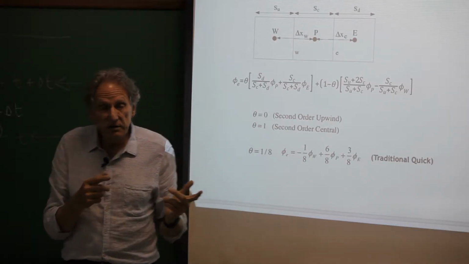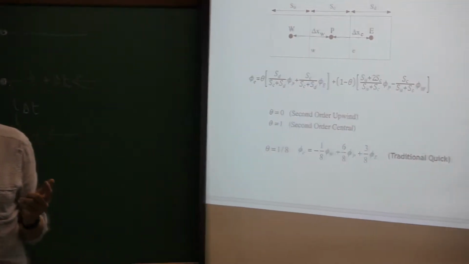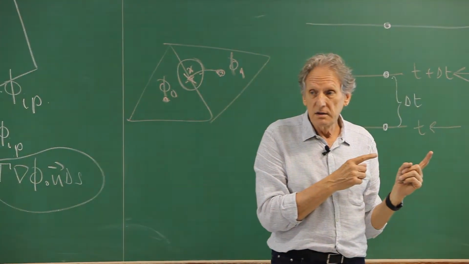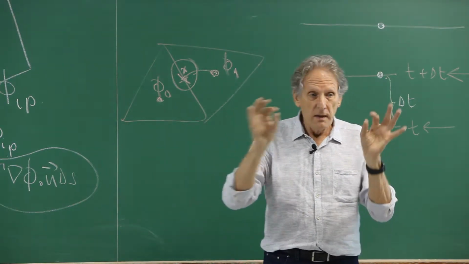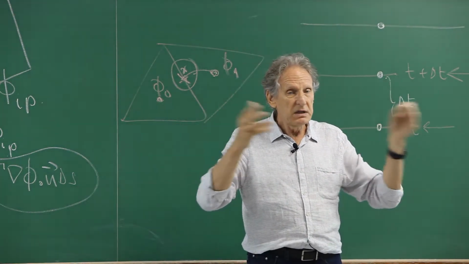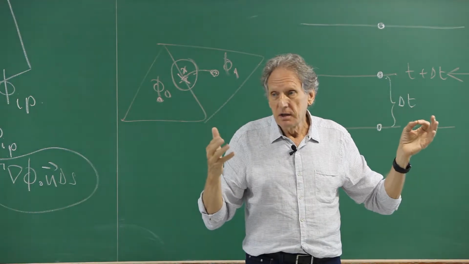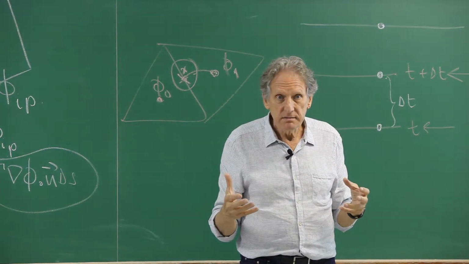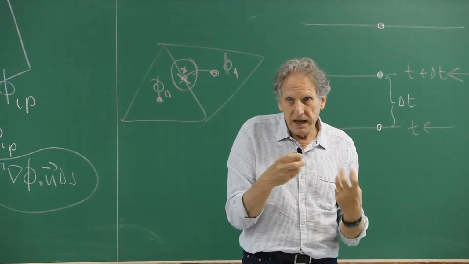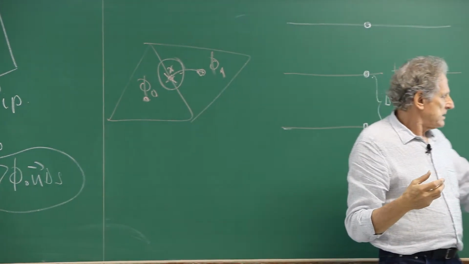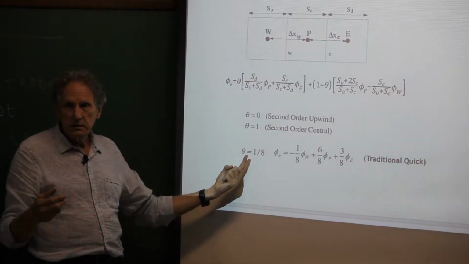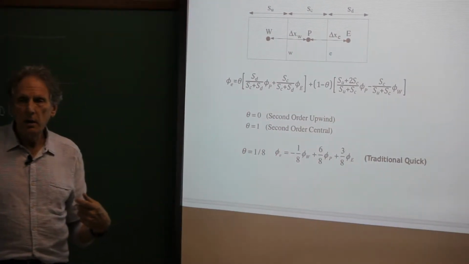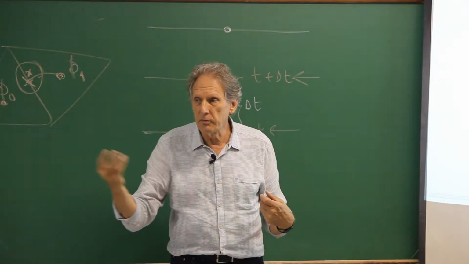But then, see, there's no physics on that. It's just a polynomial that goes through 3 points, and then you have an expression. But there is no physics on that. When you do theta equal to 1/8, I'm asking you, how is the weight of the diffusion compared to the advection?